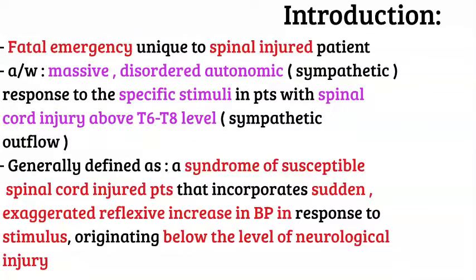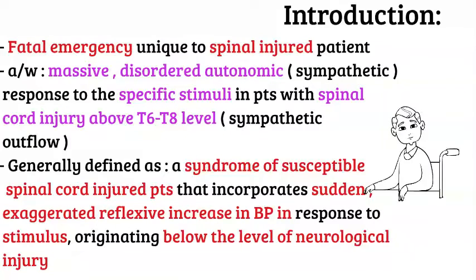Autonomic dysreflexia is generally defined as a syndrome of susceptible spinal cord injured patients that incorporates a sudden, exaggerated, reflexive increase in blood pressure in response to any stimulus originating below the level of neurological injury.